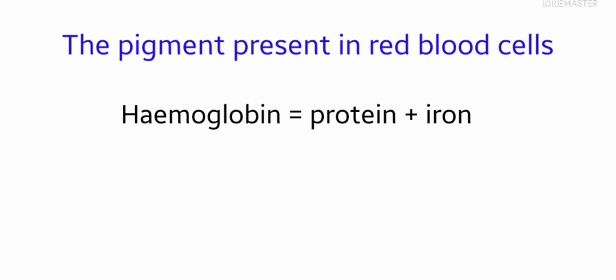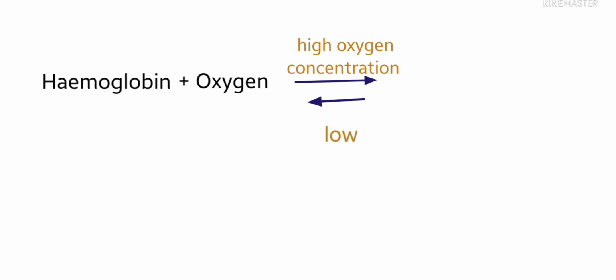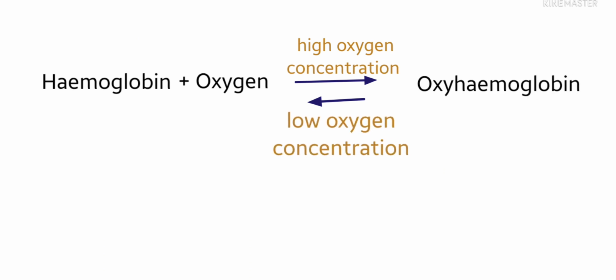In the red blood cells' cytoplasm, the red pigment called hemoglobin is found, which is a protein combined with iron. Hemoglobin enables blood to transport large quantities of oxygen from the lungs to the body tissues.